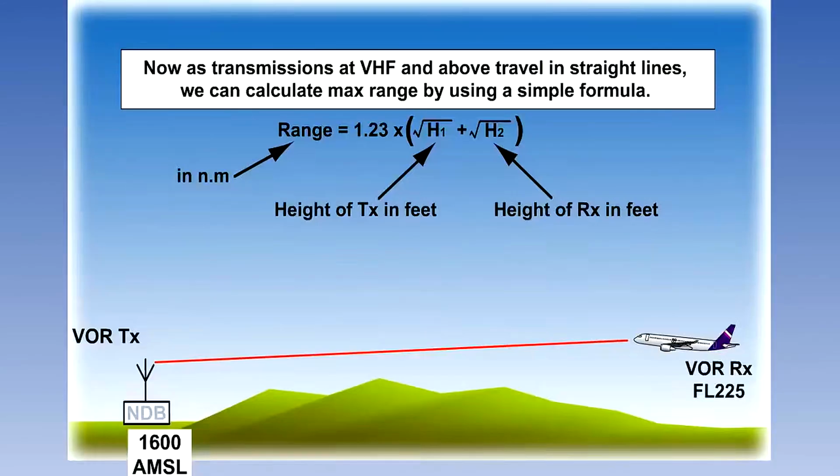The range of a space wave can be calculated by this formula. The range in nautical miles is 1.23 times the sum of the square roots of the height in feet of the transmitter above the ground, and the height of the receiver in feet.